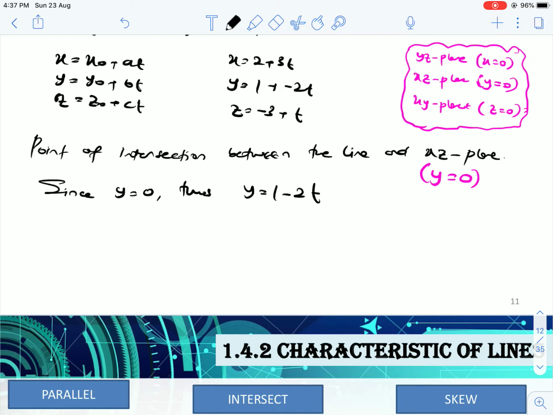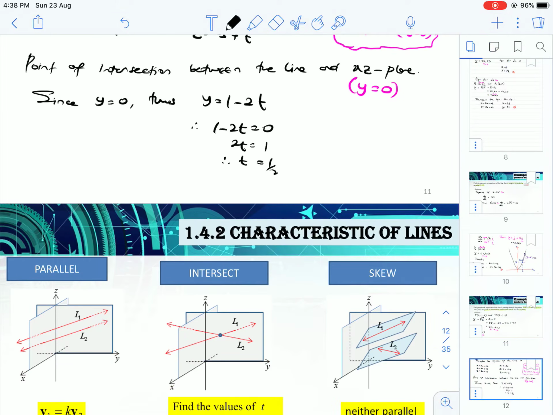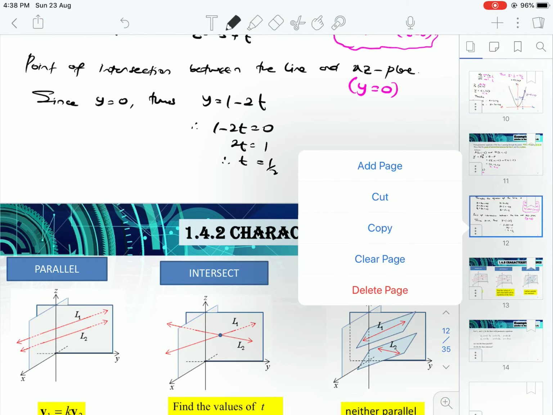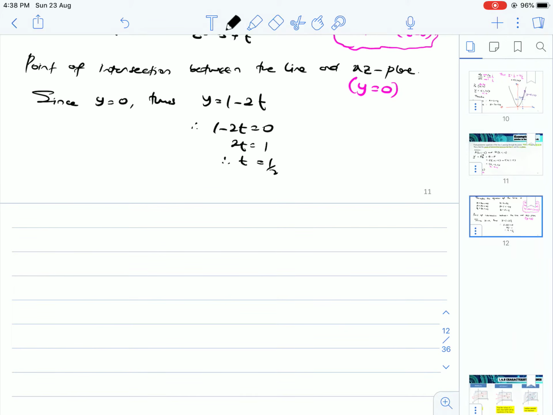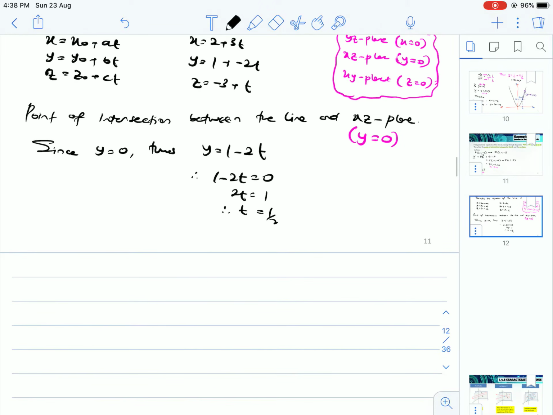Equate this with 0: 1 minus 2t equals 0. So 2t equals 1. Therefore t equals 1 over 2. Okay, I have to add some page. So now t equals half.